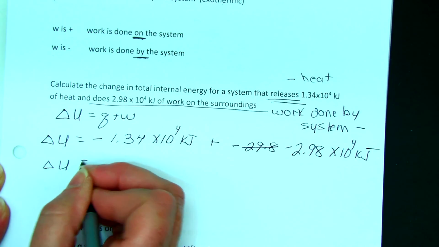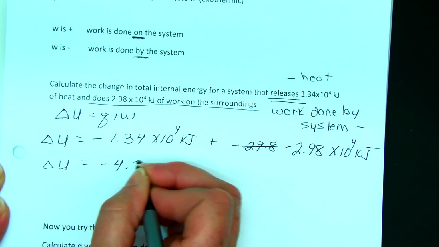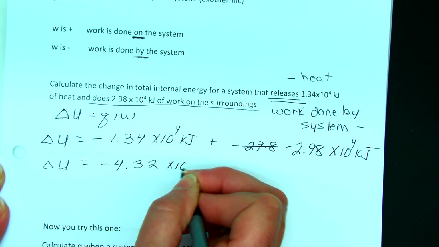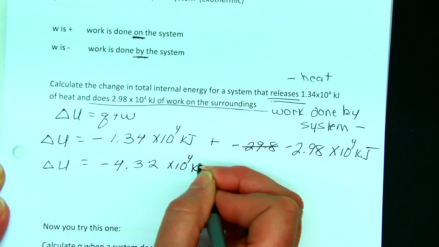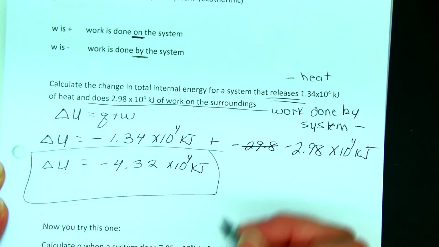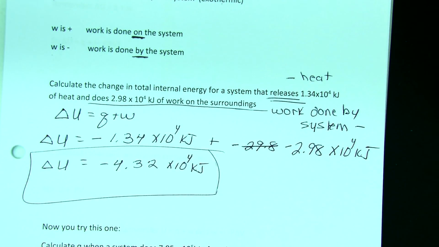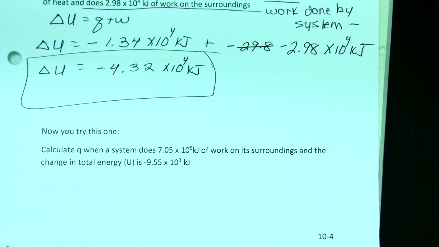So delta U is negative 4.32 times 10 to the fourth kilojoules. So for these, the math is as simple as adding two numbers. The difficult part there is recognizing whether the signs on those numbers are positive or negative. Go ahead and try this one at your seats.